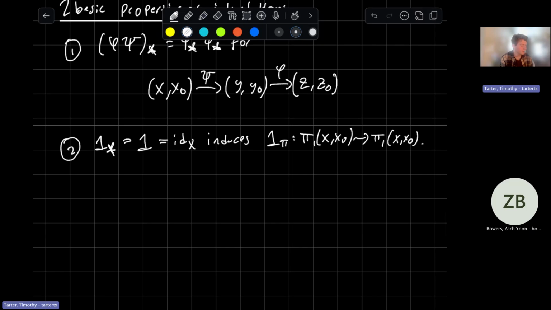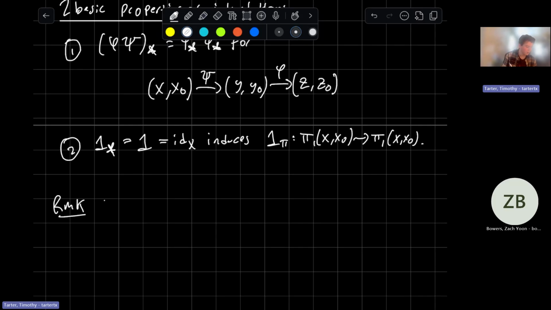We'll talk about this in 2.3. It carries over objects and morphisms from one category to another. If phi is a homeomorphism with inverse, then phi star is an isomorphism with inverse. I guess that's a good remark.